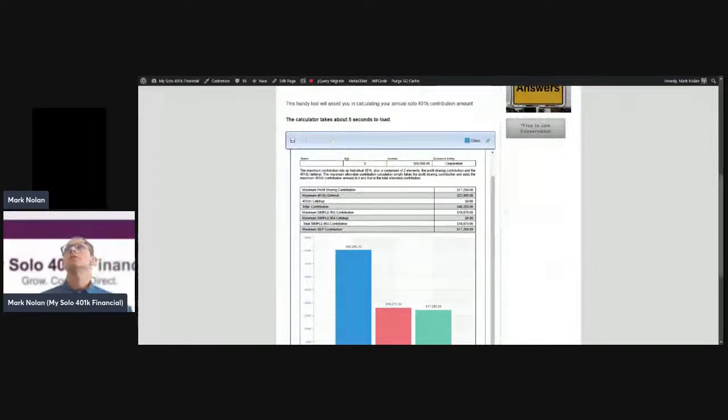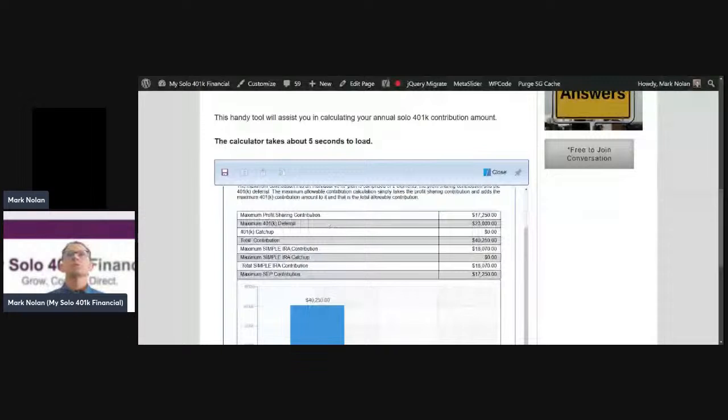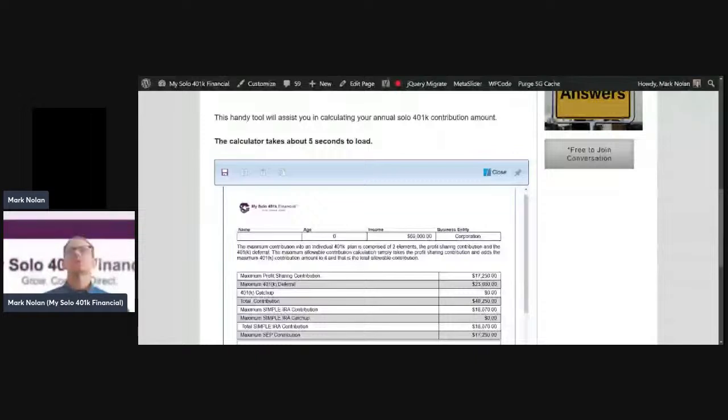Okay. So 69,000 of W-2 wages is what we plugged into the calculator. So that means on your W-2 box 1, you are reporting 69,000 in gross wages.